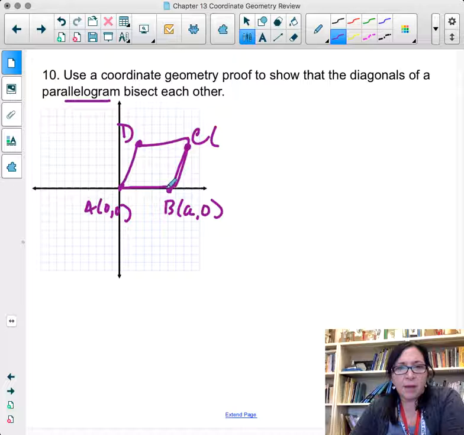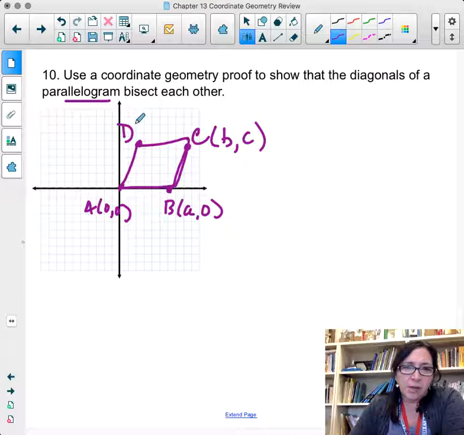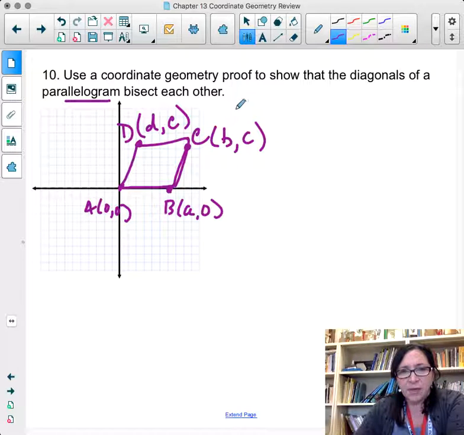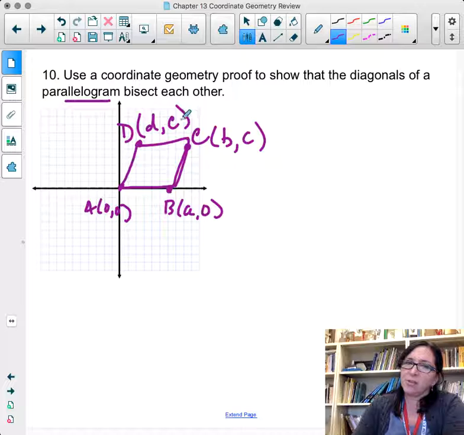I'm going to call that over B, up C, and this is going to be over D, up C. Okay, we're trying to prove that the diagonals bisect each other. The diagonals are going to bisect each other if they're, well, actually, I can't use these points, can I? Because we didn't prove that it's a parallelogram.